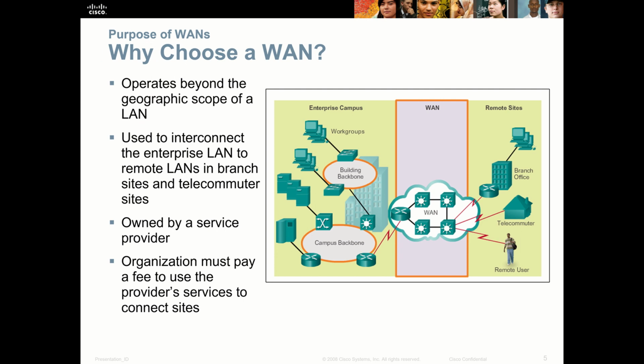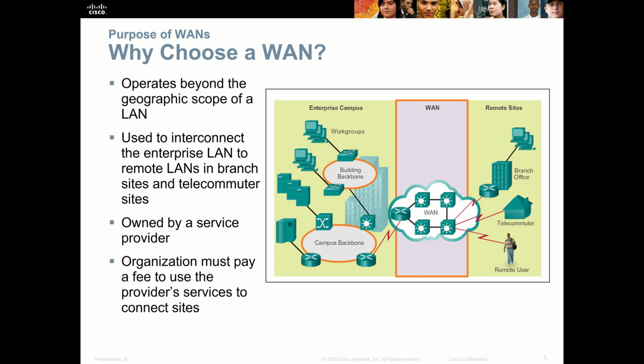So what is the purpose of WAN? Why do we choose a WAN? In the previous semester, you have learned about local area network. If you look into the diagram here, you can see that if the network is within a certain building or within a certain organization, that is what we refer to as a local area network.